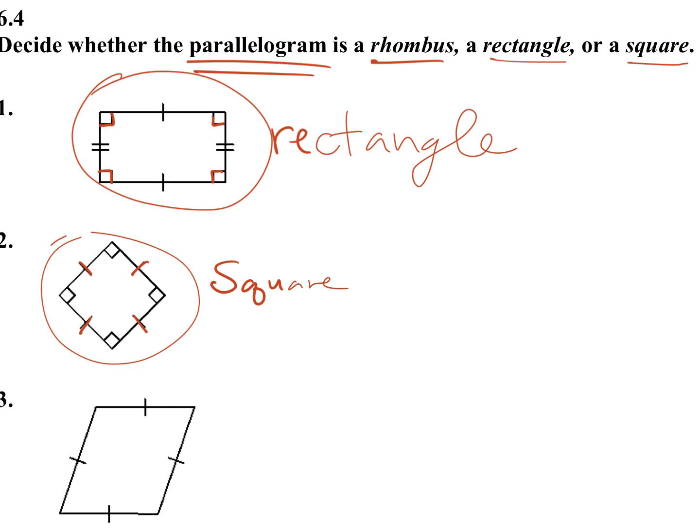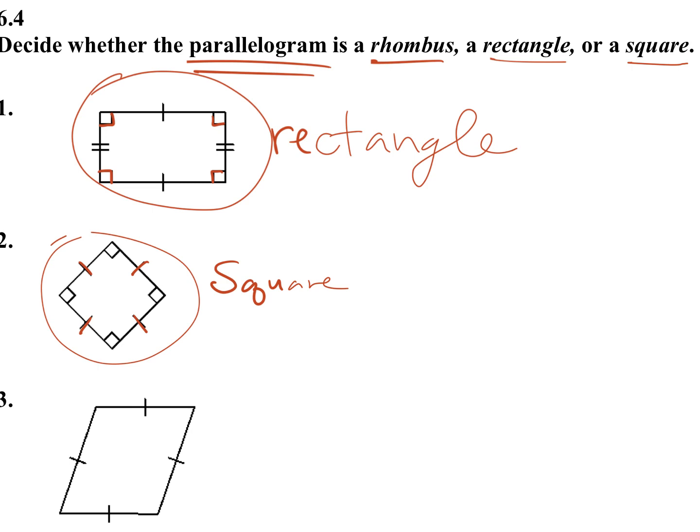No, because it doesn't have the 4 congruent sides. So it's kind of like this trickle down. If it's a square, it has to be a rectangle also, and it has to be a parallelogram, and it has to be a quadrilateral. But if it's a rectangle, it doesn't have to jump up to square, but it has to be a parallelogram and a quadrilateral. So it's kind of like an added feature to it.